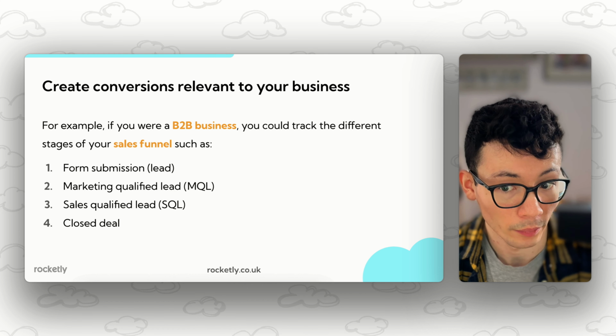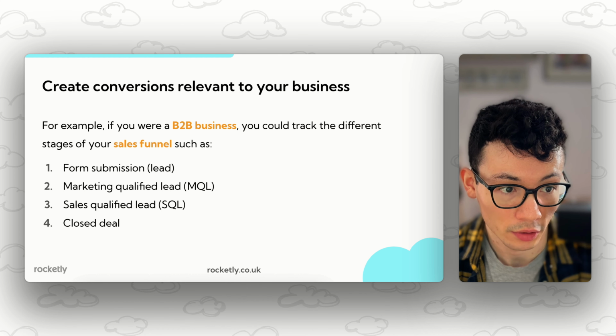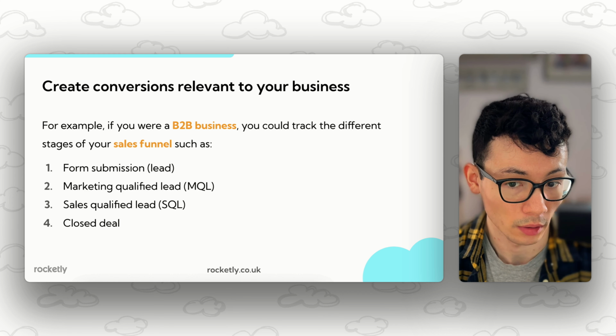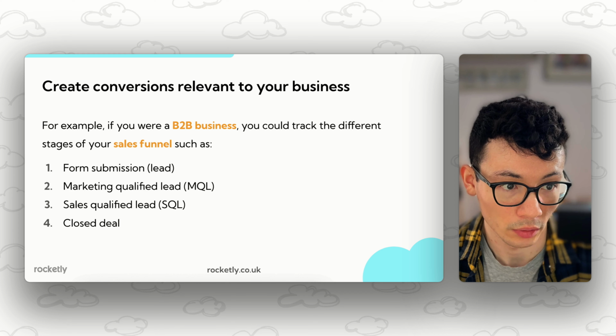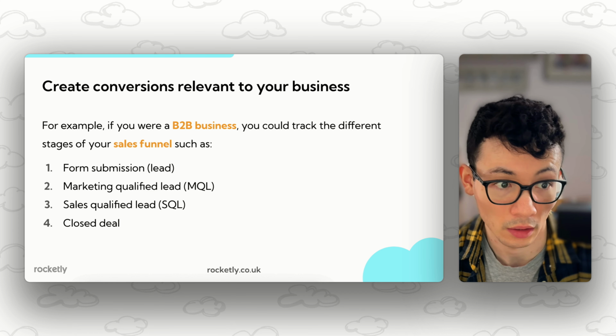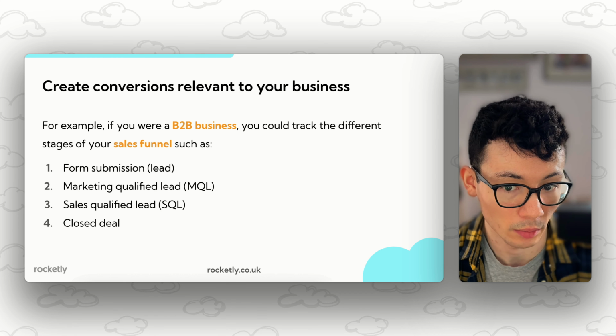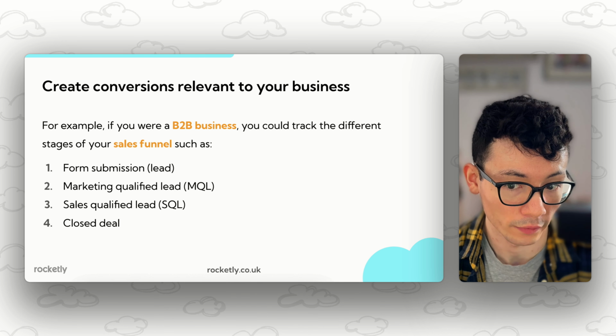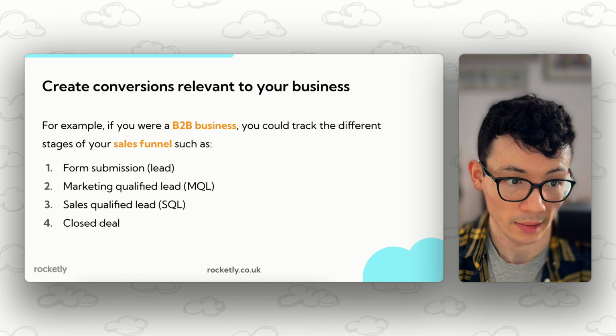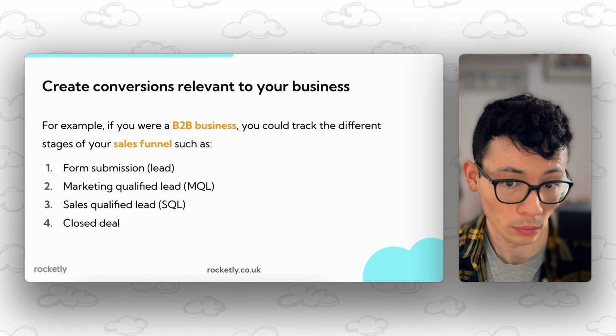For example, form submissions where a prospective customer becomes a lead and enters your sales funnel. Then you might track the additional stages after that: when a lead becomes a marketing qualified lead, when a marketing qualified lead becomes a sales qualified lead, and finally when a sales qualified lead becomes a closed deal and brings in revenue for your business.